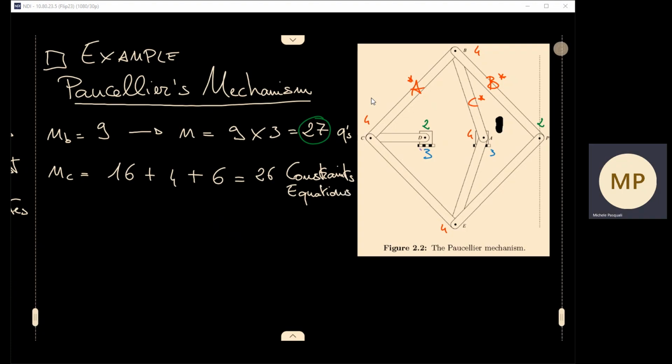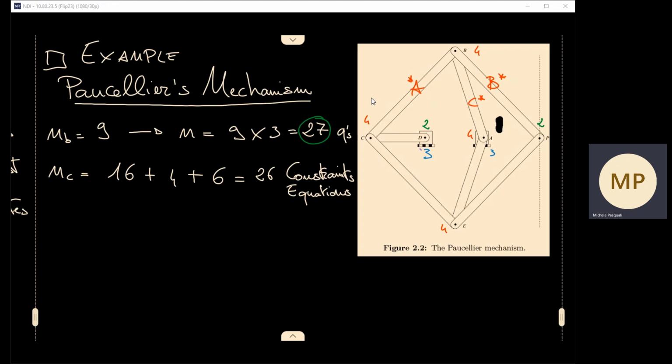Let me add one very, very, very important word: independent constraint equations. What does it mean, independent? Linearly independent. It means that each one of these 26 equations cannot be obtained through a linear combination of the others. Okay?